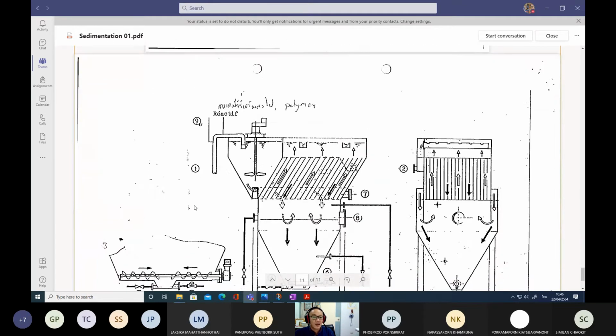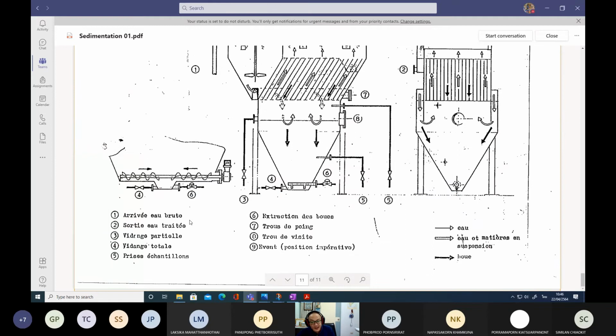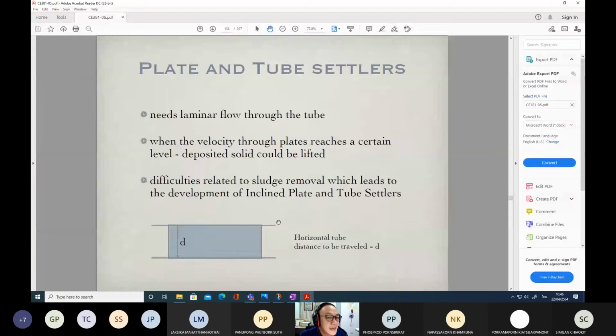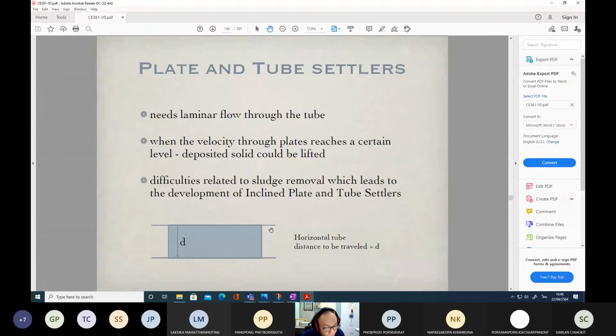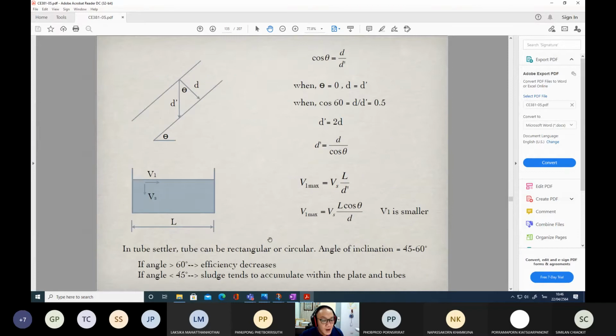So these are about the settling tanks, so that you can determine the size, and if you want to upgrade the tanks, you can install the inclined plate. So how does the inclined plate help to increase the removal efficiency?